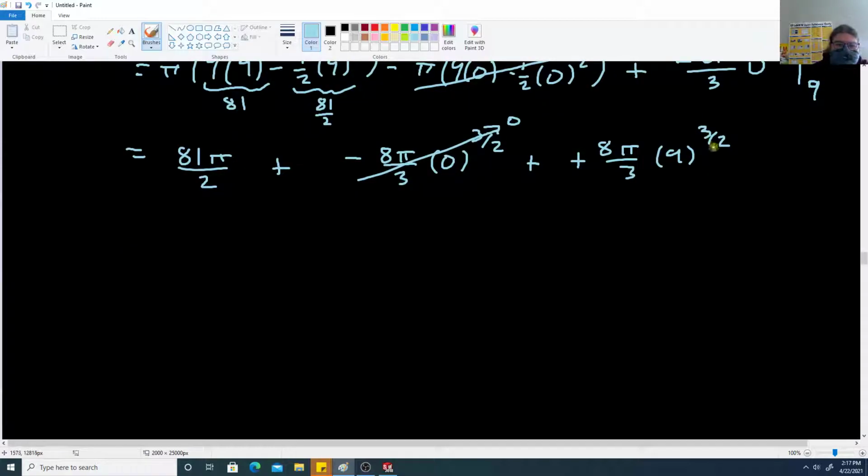This says take the square root of 9, which is 3, then cube it. 3 cubed is 27. 27 divided by 3 goes back to 9. 9 times 8 pi is 72 pi. So I have 81 pi over 2 plus 72 pi. I need to get that in terms of halves.